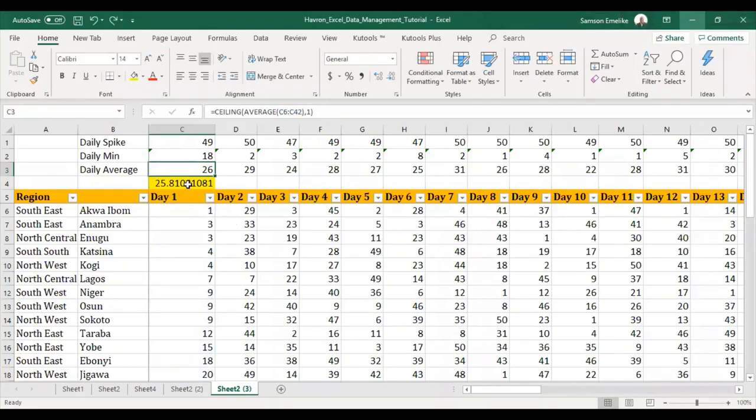Now, if we have this one that we saw here, 1 is 26, and we put 2, it is still 26. Maybe it's looking at the next one here. What does it tell you? Okay, so when we look at this 2, is it up to 1? It's not up to 1.